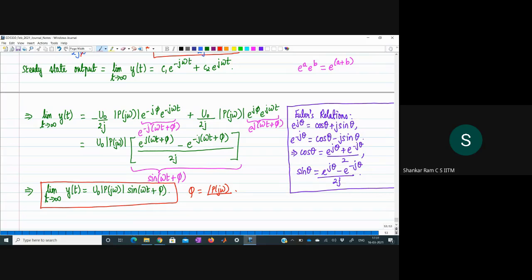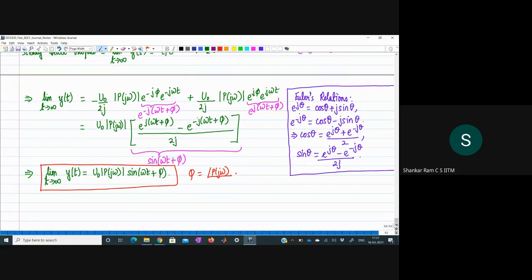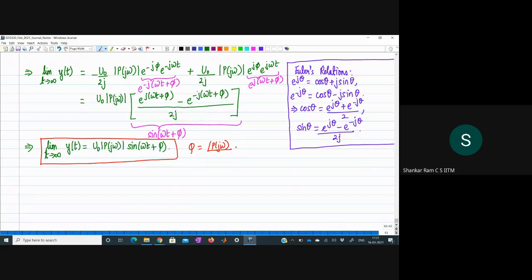So let's look at this from a very broad perspective. If I draw this block diagram, I have my plant or the system. What we do is provide an input U naught sine omega t, right? And I'm sure all of us agree to that.